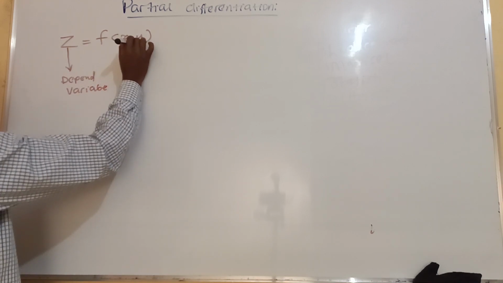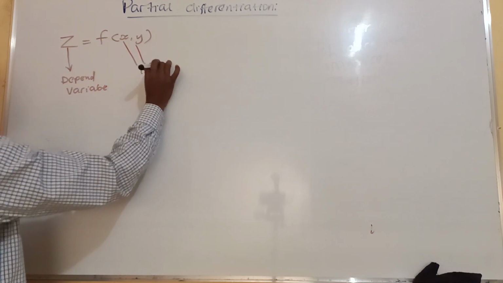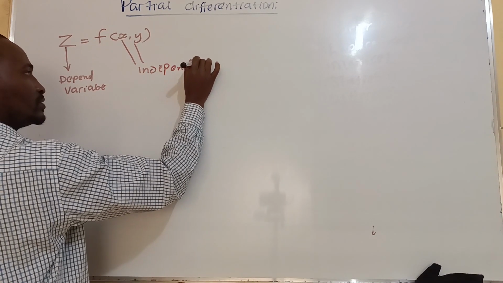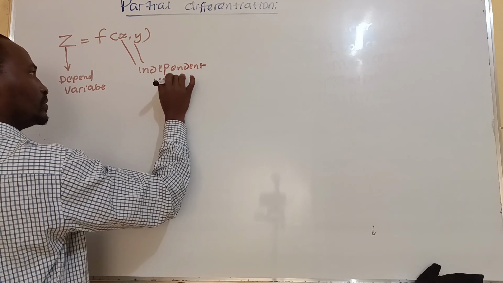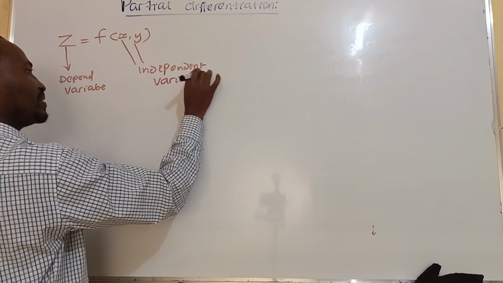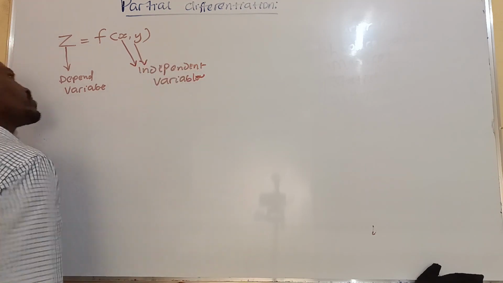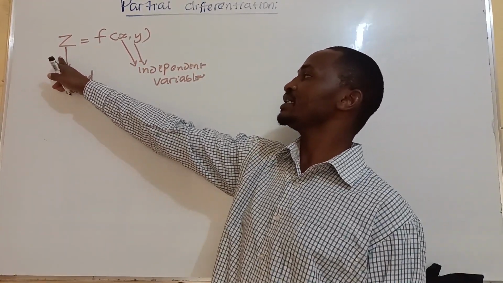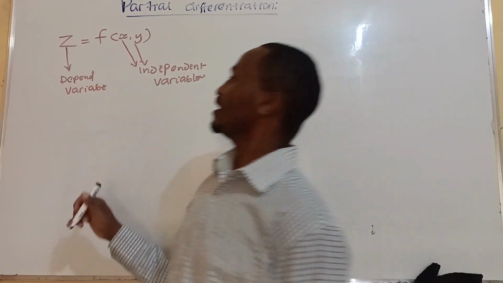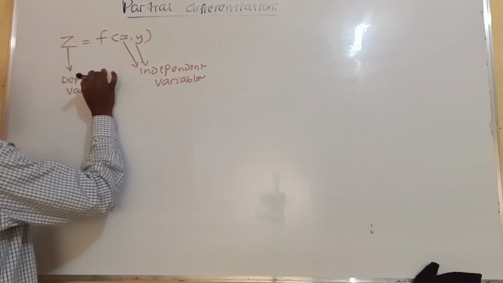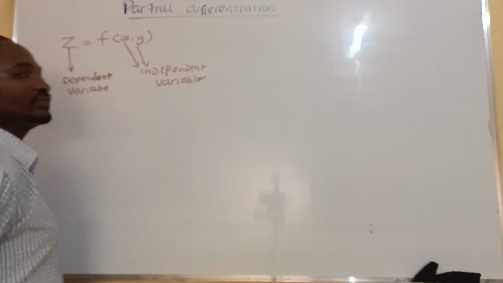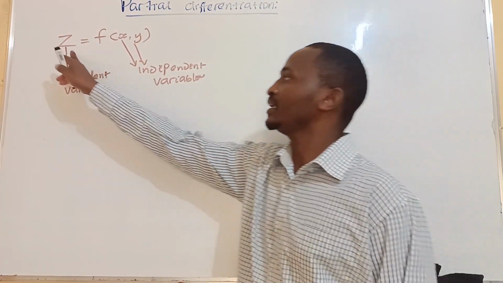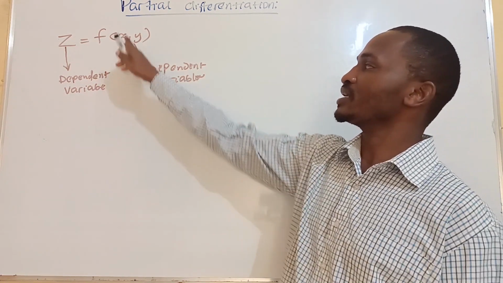Here we have two independent variables. So we have a variable z that is dependent on two other variables, x and y.